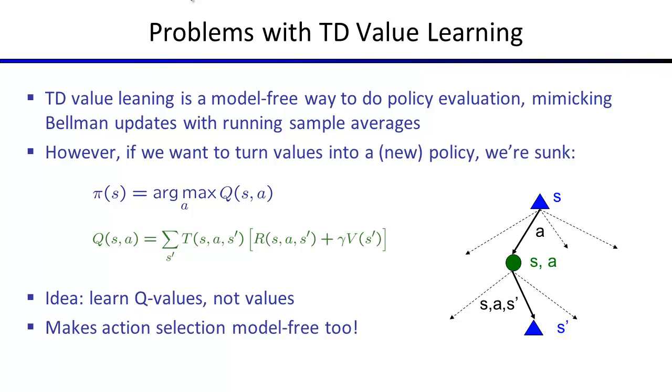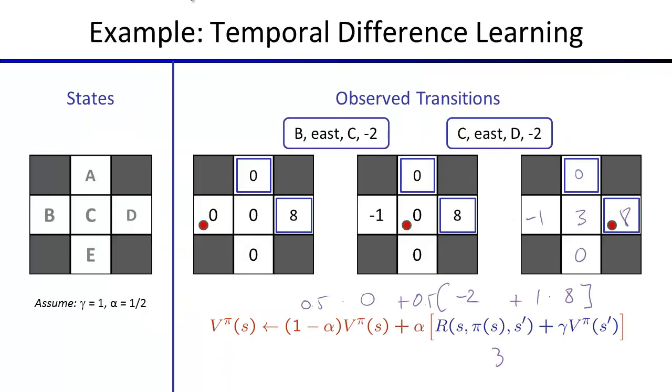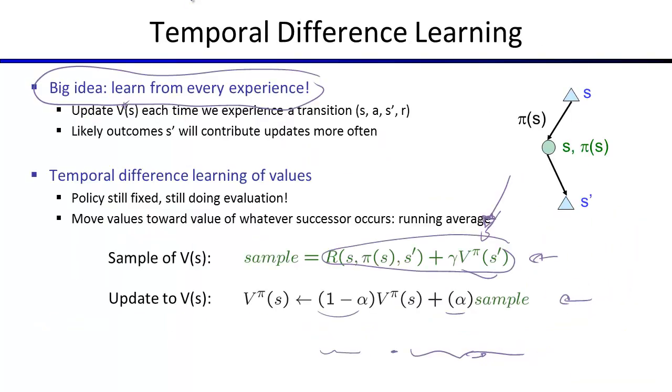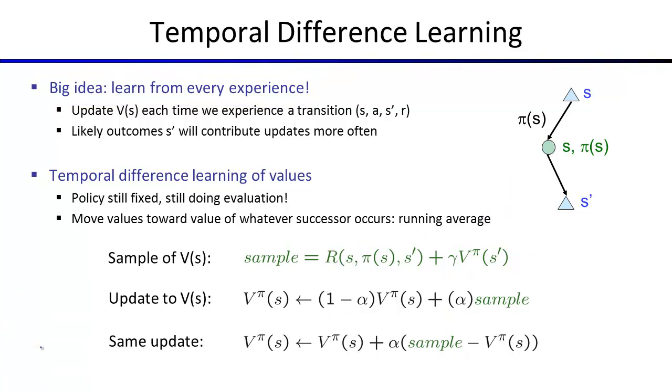We looked at that. We said, well, the model appears. And we said, well, we can avoid that. We can do a sample-based approximation of the Bellman update equation for a fixed policy. And that's what we ended up with over here. This is temporal difference learning.